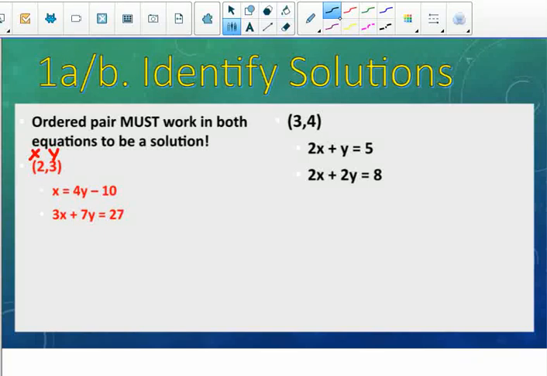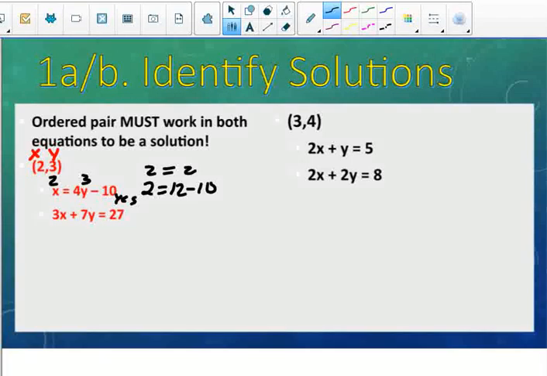So I put a 2 in for x and a 3 in for y, and I end up with 2 equaling 4 times 3 is 12, 12 minus 10. 12 minus 10 is 2. 2 does equal 2. So yes, this works for that equation.